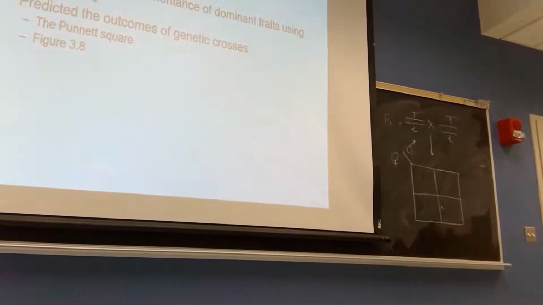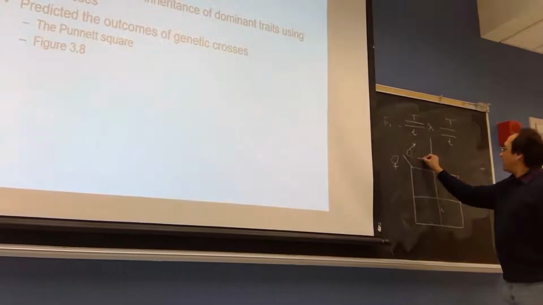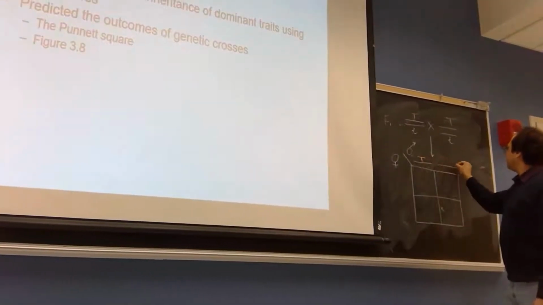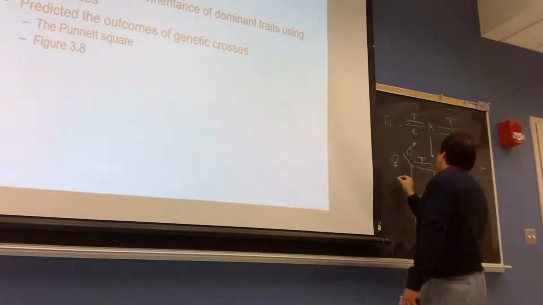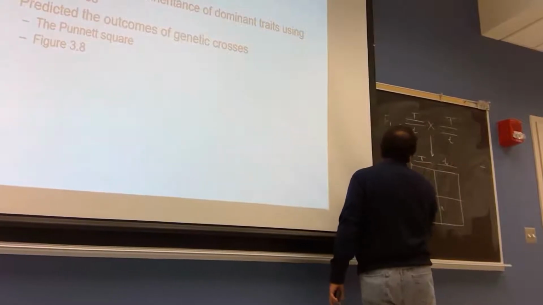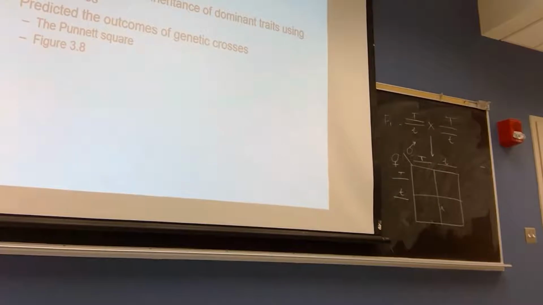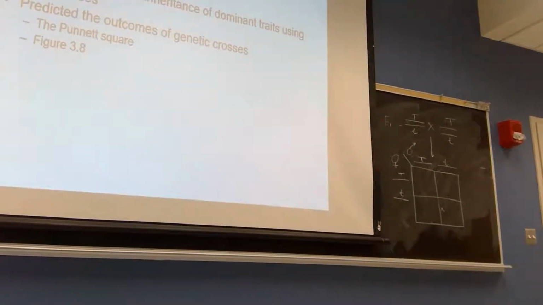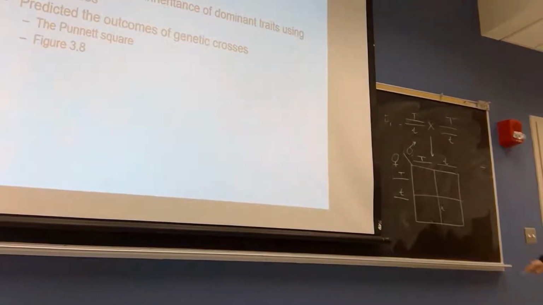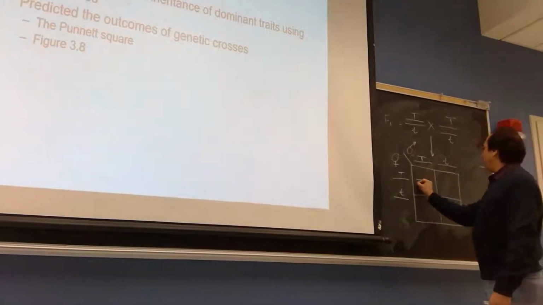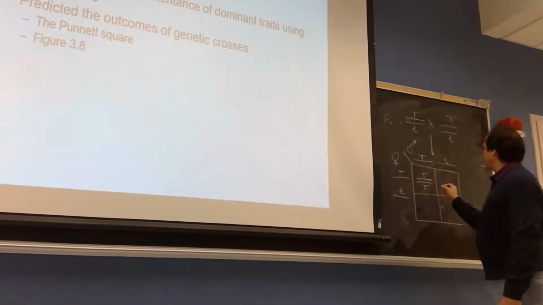Okay. So from the male plant, we are getting these two gametes, these two chromatids, and from the female, we are getting these two. We are separating the gametes, just the gametes. Now these two gametes will form these.